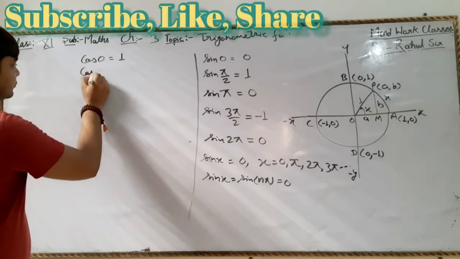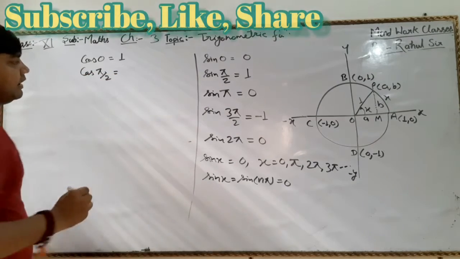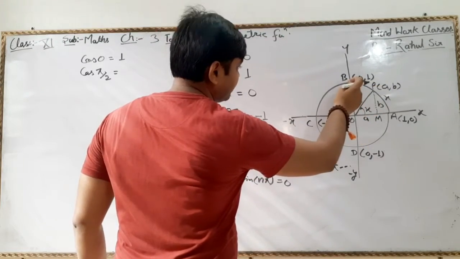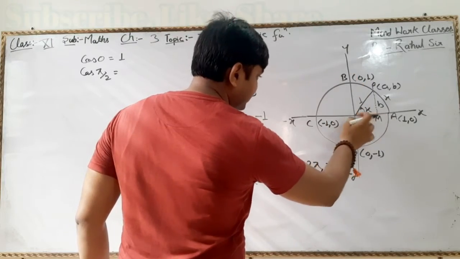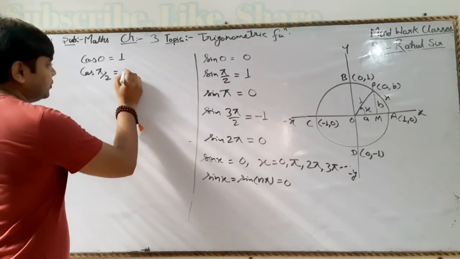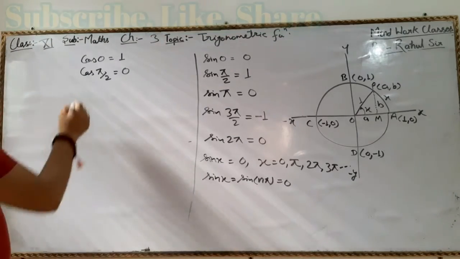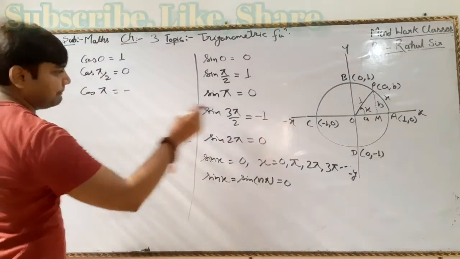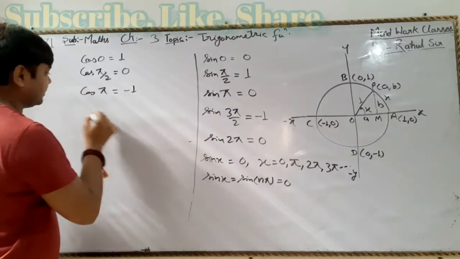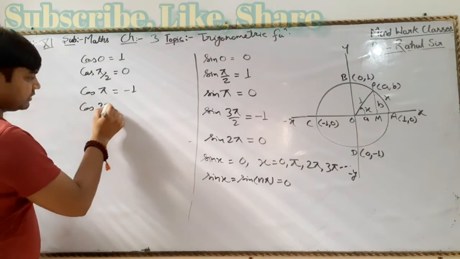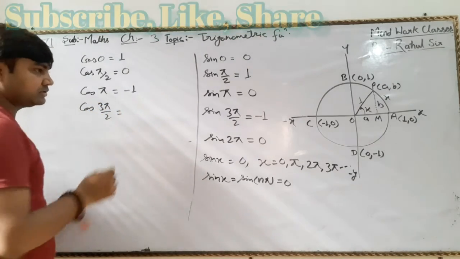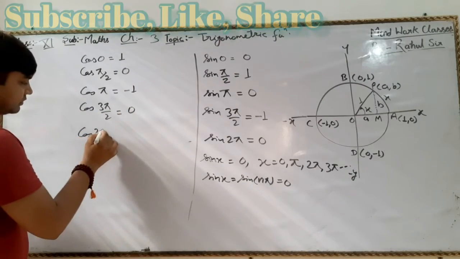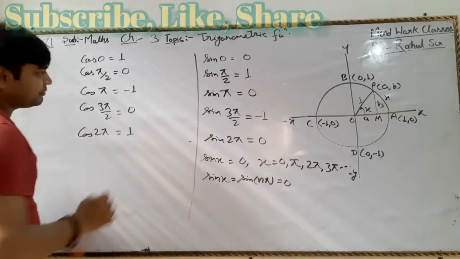Again cos pi by 2, this point will come to point B, and at this point A will reduce to 0, so this will be 0. Again cos pi, the value will be -1. Cos 3 pi by 2 will be again 0, and cos 2 pi again will be equal to 1.